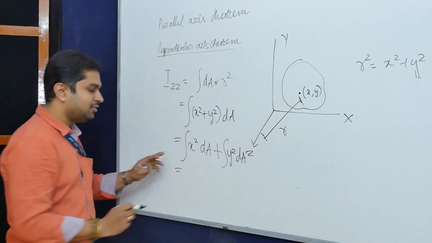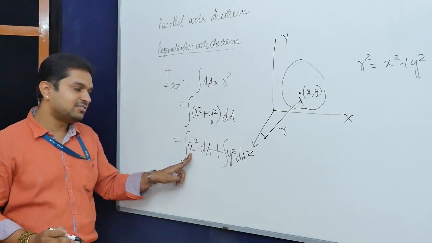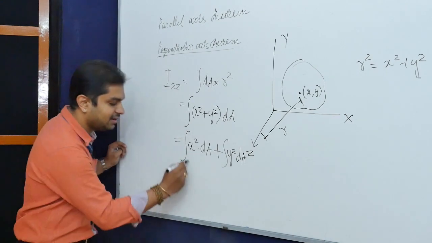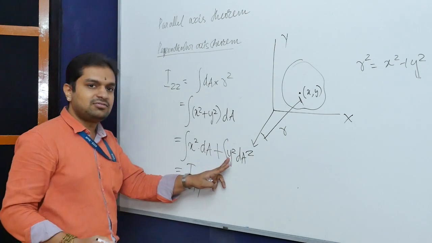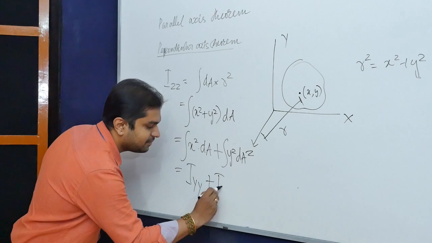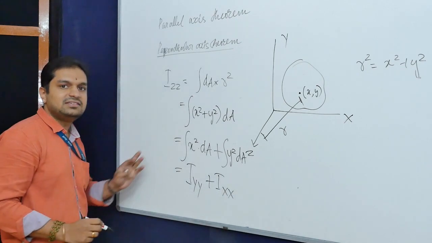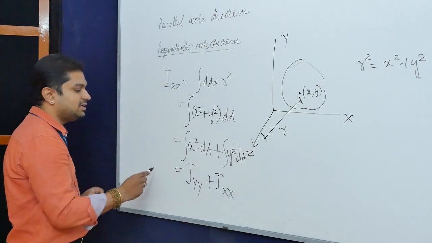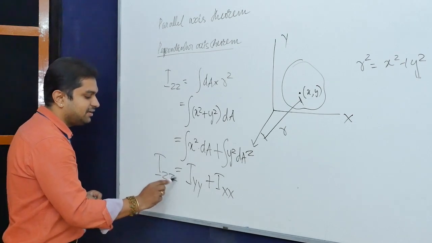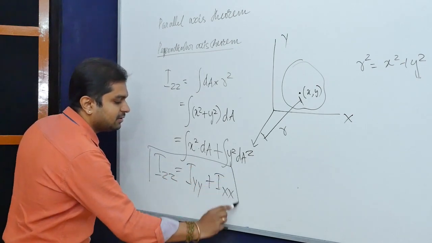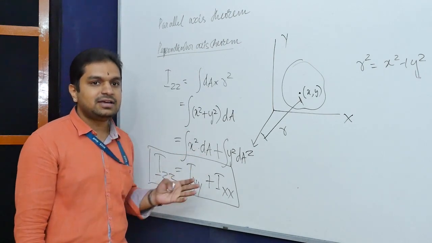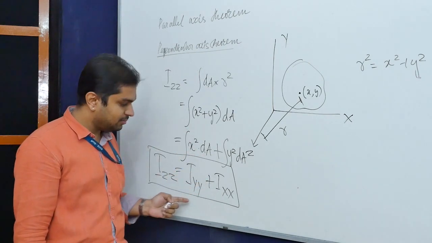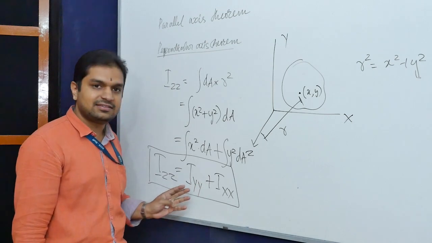So this becomes the integral of x squared into dA plus the integral of y squared into dA. Since it is x squared, it is the distance from the y-axis, so this becomes Iyy, and since this is the distance from the x-axis, this becomes Ixx. This establishes the basic proof required for the statement of the perpendicular axis theorem, from which we can say that to find the moment of inertia of a body about a perpendicular axis, we need to know the moments of inertia about both axes perpendicular to it.